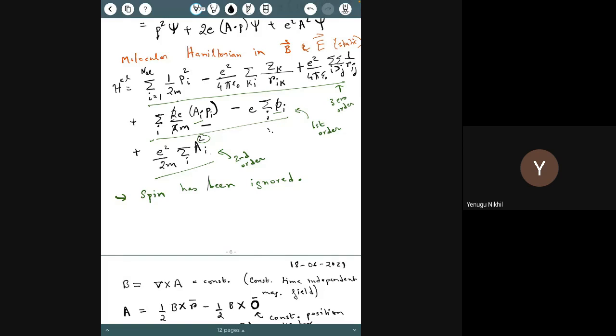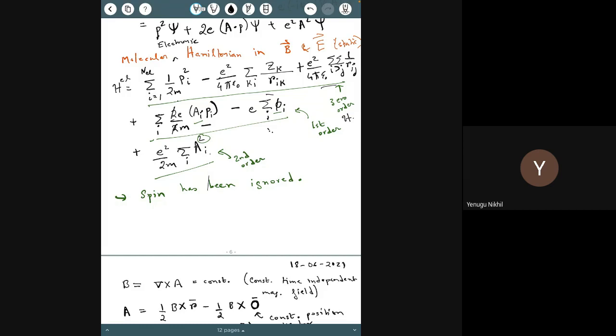This is the electronic Hamiltonian, I should say. You have the kinetic energy of the electrons, then the electron-nucleus interaction, then the electron-electron repulsion. Together, we can call these the zero order Hamiltonian H0, something that does not involve the magnetic field.